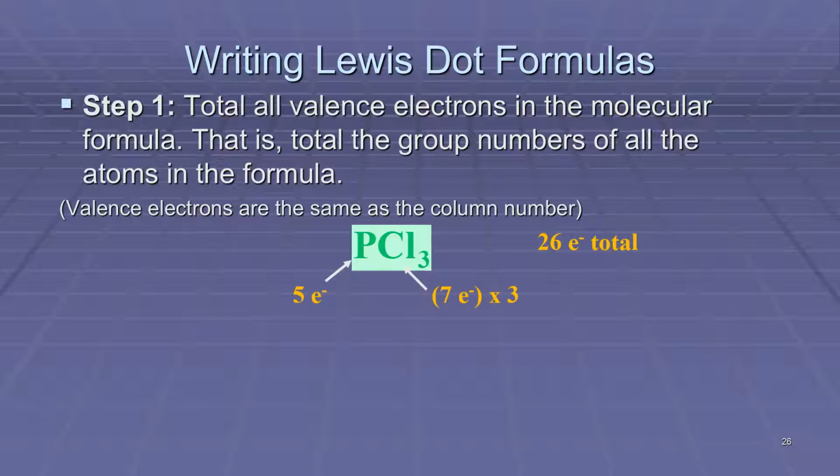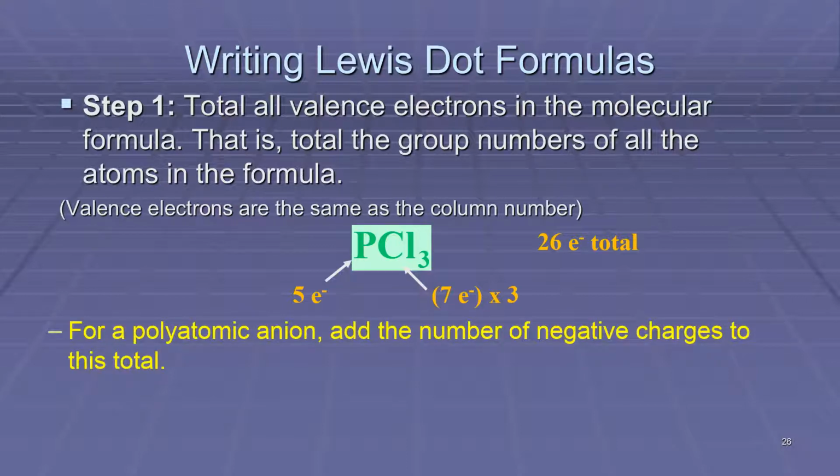So 3 times 7 plus 5 gives me 26 electrons. That's really important because those 26 electrons have to be used, and we can't exceed 26. To put this molecule together, we have our 26 electrons in order to bond, to give each element 8 electrons. That's kind of our goal.